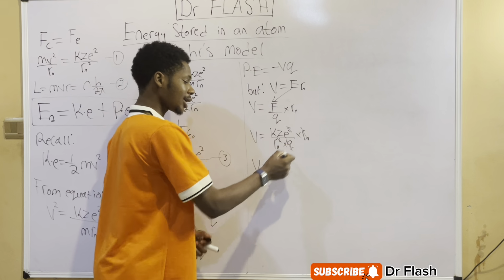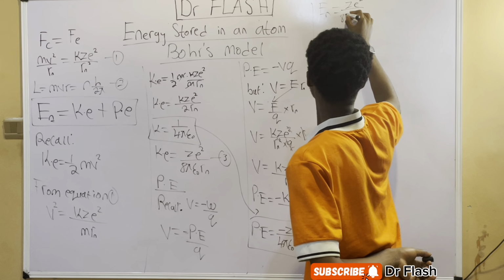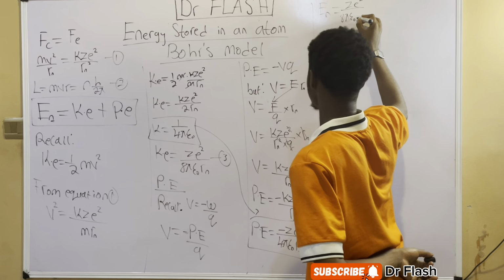Next, we're going to complete it by solving for the total energy in the system. So the total energy in the system, which is En with the subscript n, is equal to the kinetic energy, which is Ze squared divided by 8 pi epsilon naught Rn, plus the potential energy. We have a negative sign here, so the negative sign will remain: minus Ze squared divided by 4 pi epsilon naught Rn.